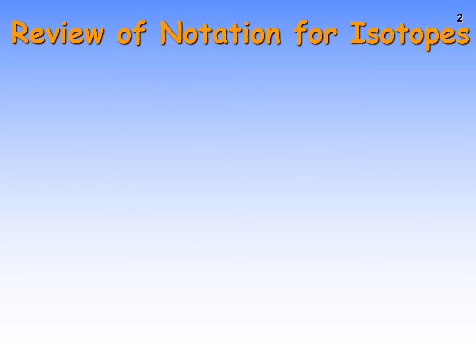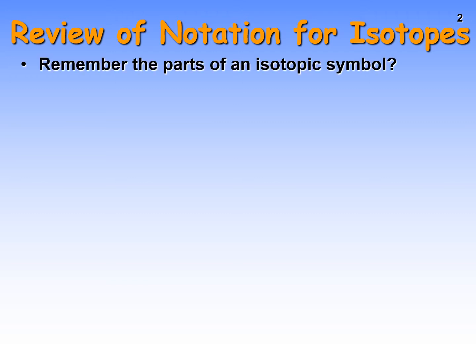So before we can really talk about nuclear chemistry, we need to go back and review our atomic symbols, which is our notation for an isotopic symbol. If you remember, isotopes are elements that have the same number of protons and electrons, but different numbers of neutrons.